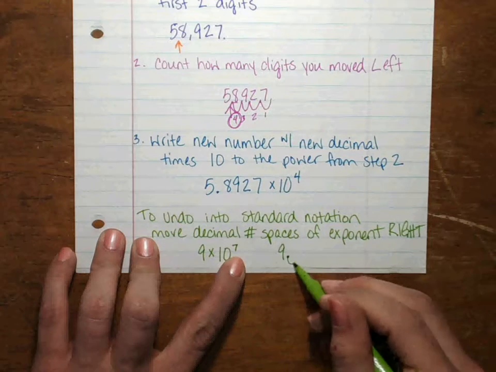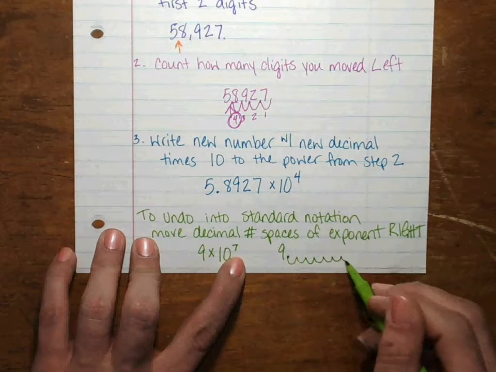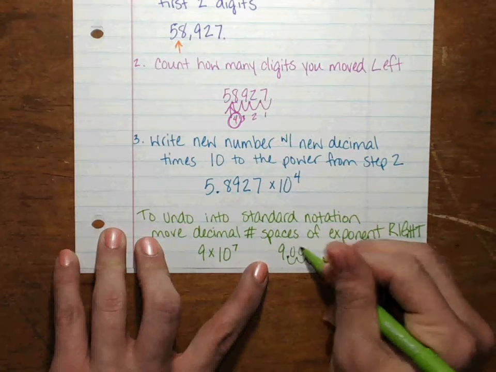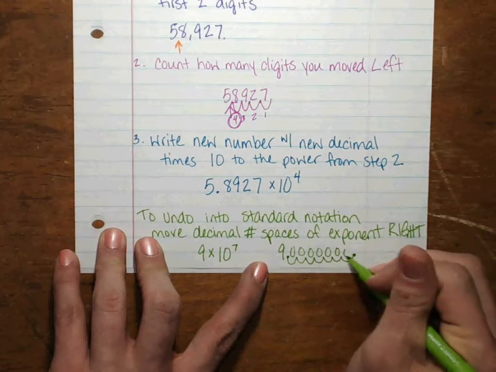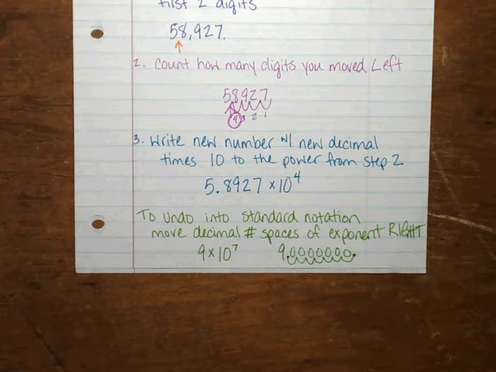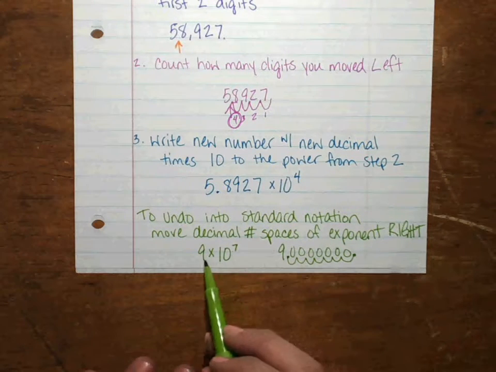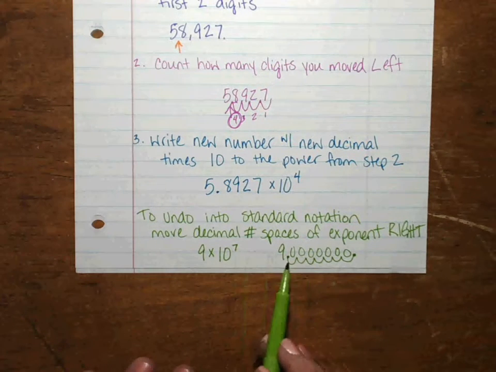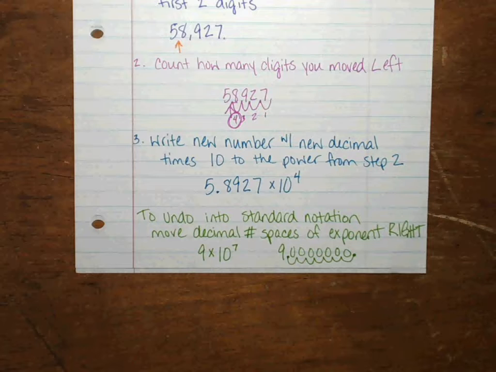So I go 1, 2, 3, 4, 5, 6, 7, dot, and I fill in my zeros. That's how you undo scientific notation. You pick up your decimal and you move it 7 spaces to the right because we are dealing with positive exponents.